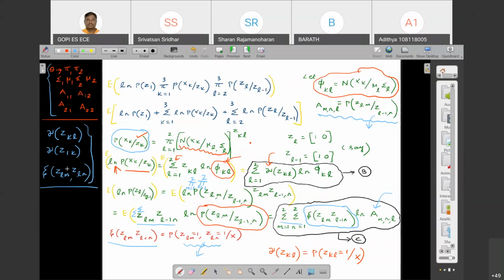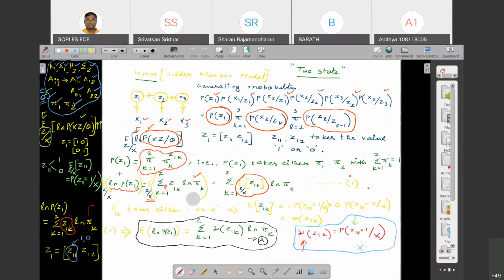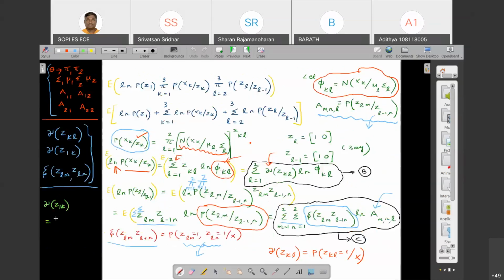And further, for instance, let me take gamma of Z_1K. We know the definition from the previous slide: it is the probability of Z_1K equal to 1 given X. Like this, and your gamma of Z_KL, this is the definition for that.